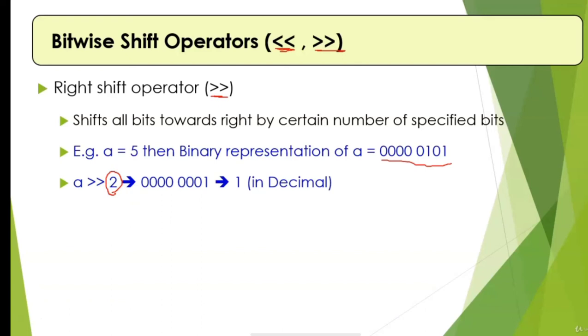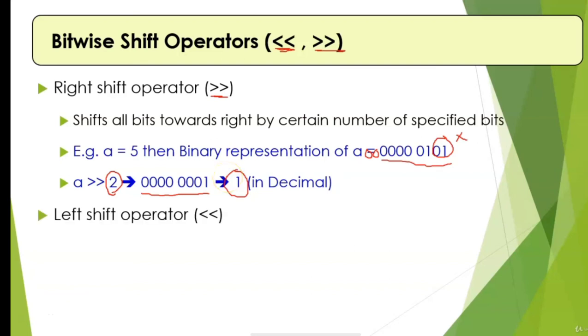Since I am performing it twice, the rightmost 2 bits will go out of scope, and we are going to insert zeros on the left side, and this will be the final result. If we find the decimal equivalent of this binary representation, it is 1. So that is how the right shift operator works on binary data.